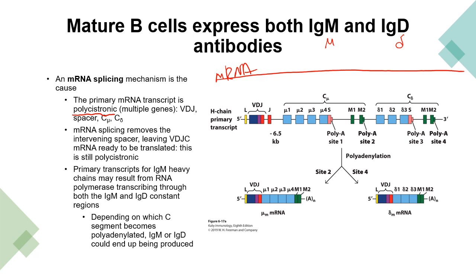It's got the variable, diversity, joining regions, and then it has both the mu region and the delta region all encoded in the same messenger RNA. So it'll use alternative splicing, and it can either express VDJ mu, or it can express VDJ delta. So a little bit of that recombination-like effect can actually take place at the level of messenger RNA.